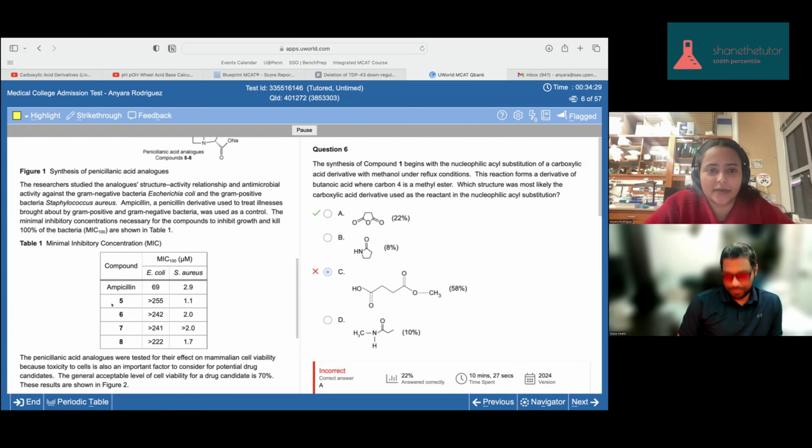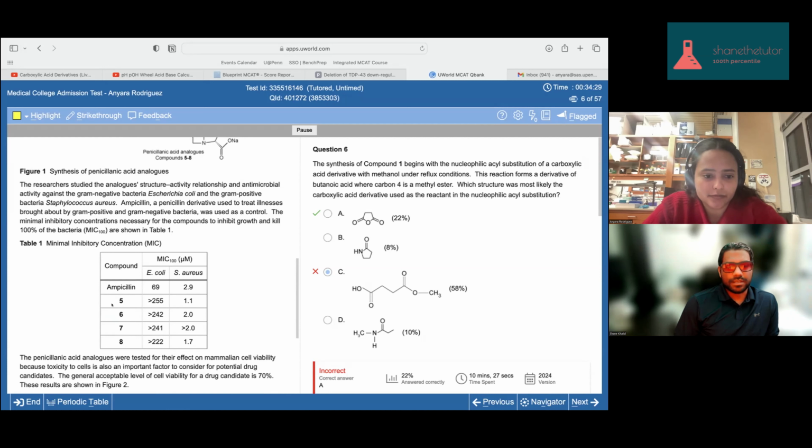Because we know it's an antibiotic and that it works, for gram positive and gram negative. So when we use it as our control, we are expecting to see some type of value for MIC 100. The MIC 100 for the E. coli is 69, and for the gram positive one, it's 2.9.